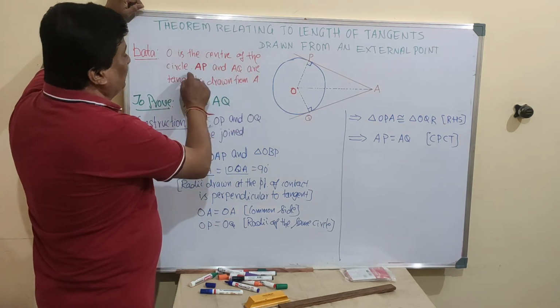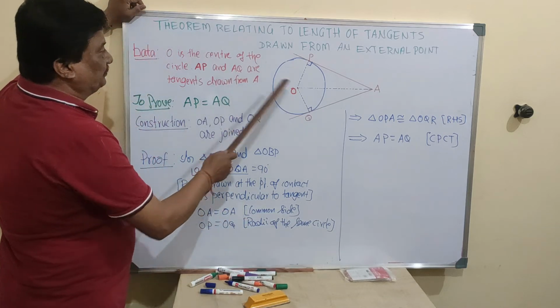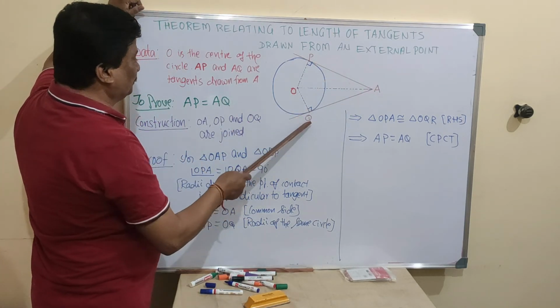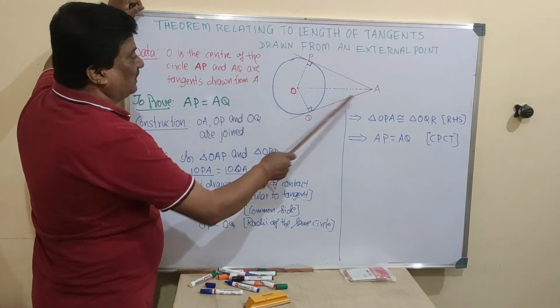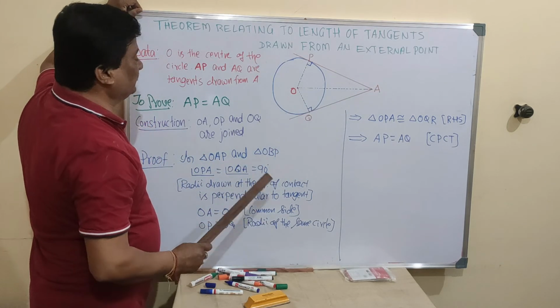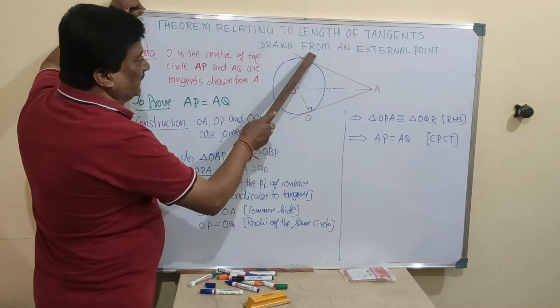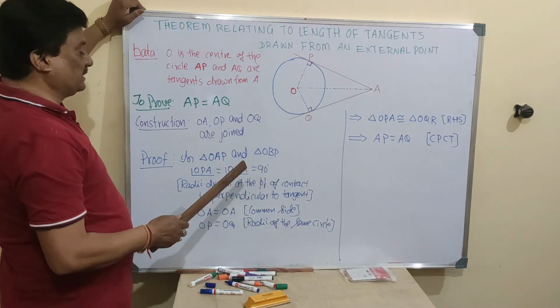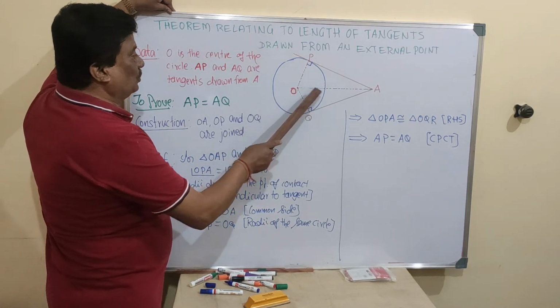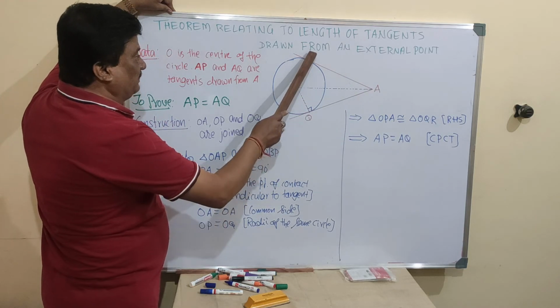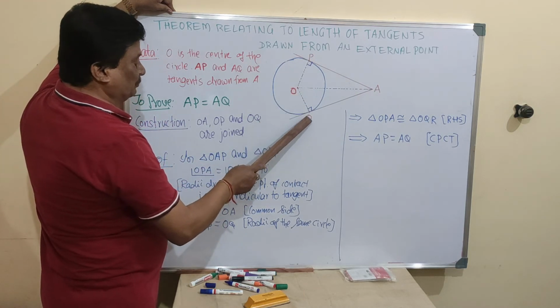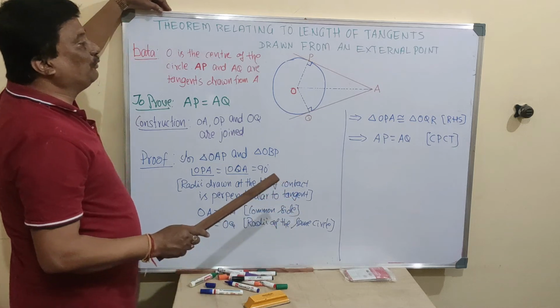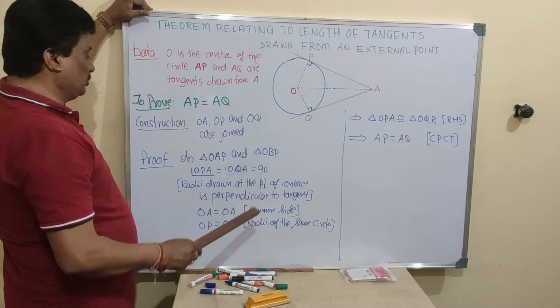O is the center of the circle, and AP and AQ are the tangents drawn from A, an external point. Then we want to prove that AP is equal to AQ. In order to prove this, we make a construction: OA, OP and OQ are joined.